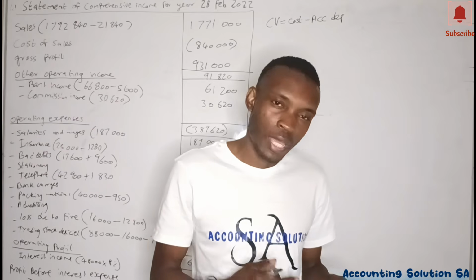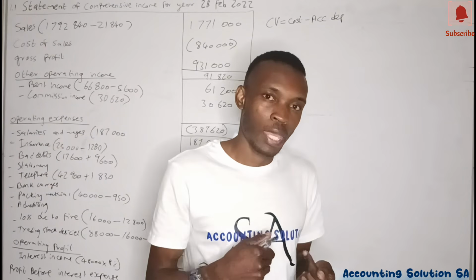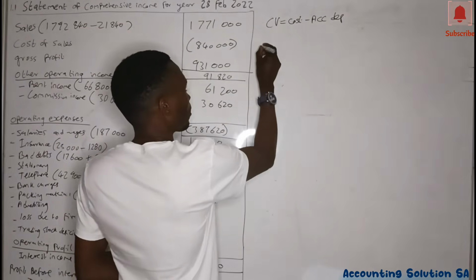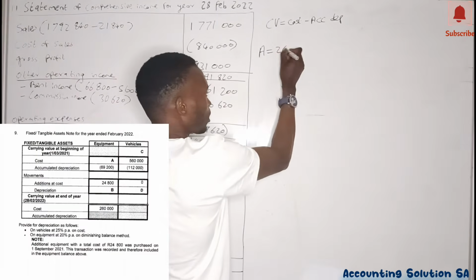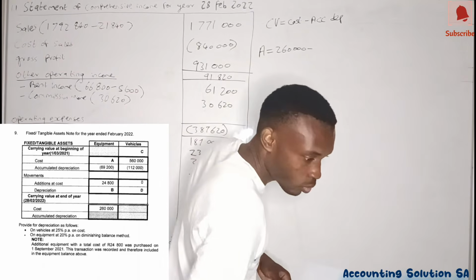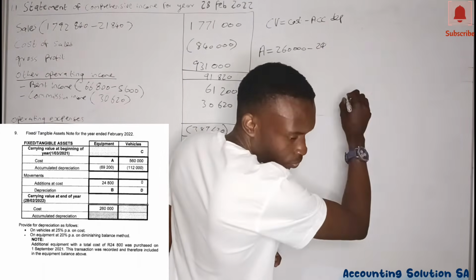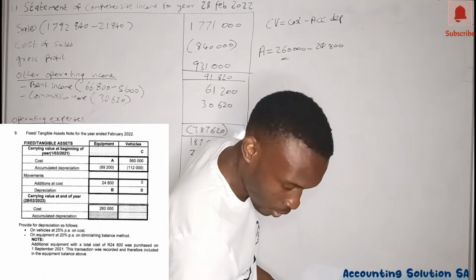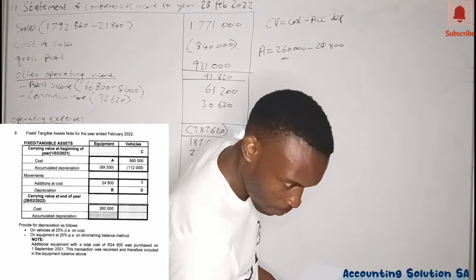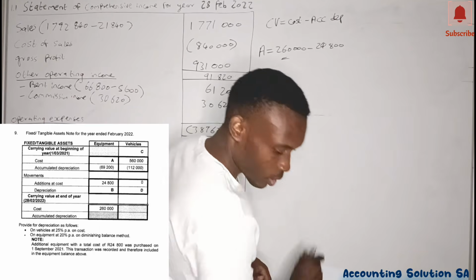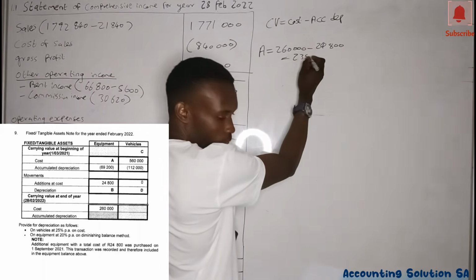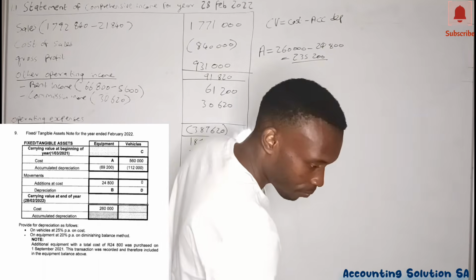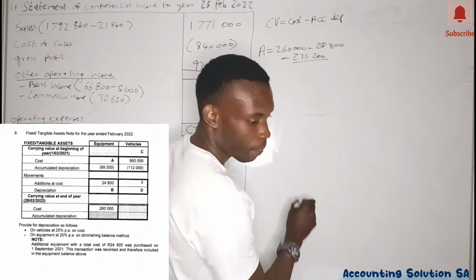If we take 260,000 at the end and subtract what they bought during the year, we get what they have at the beginning, which is number A. Number A is 260,000 minus 24,800, which gives us 235,200. Very simple.